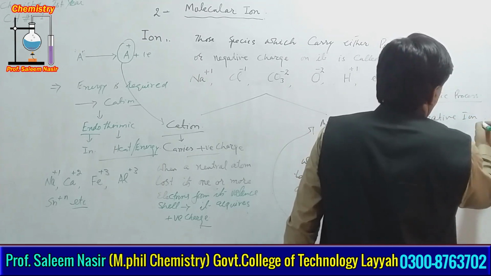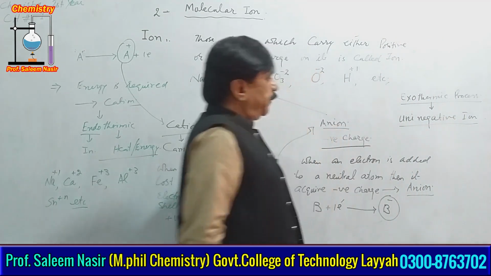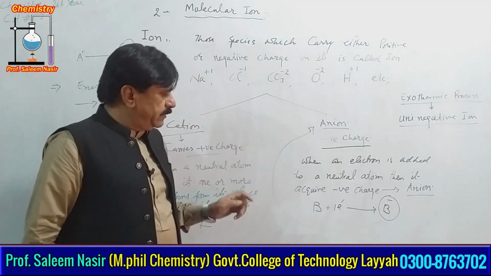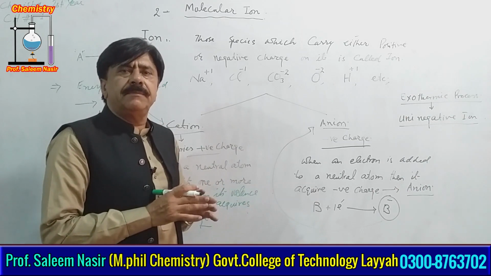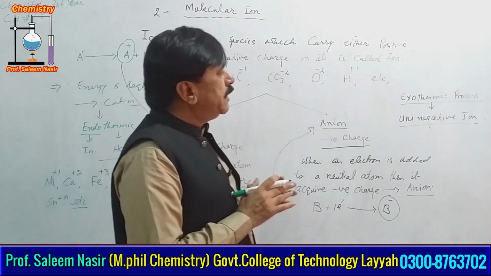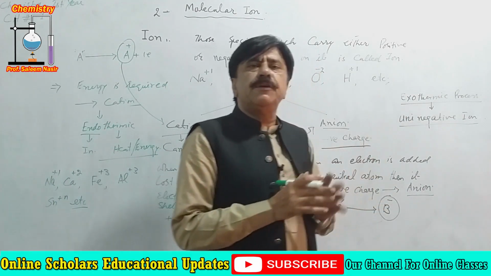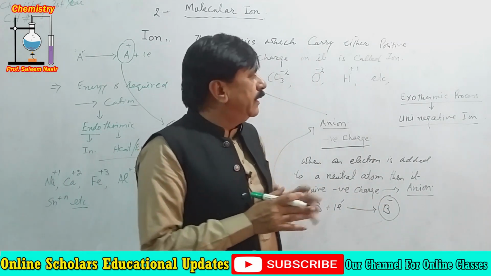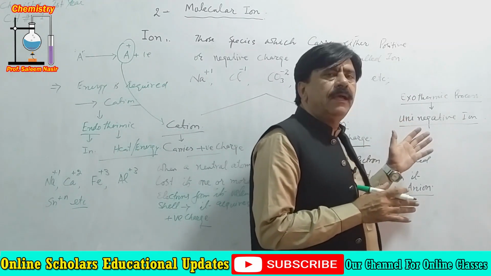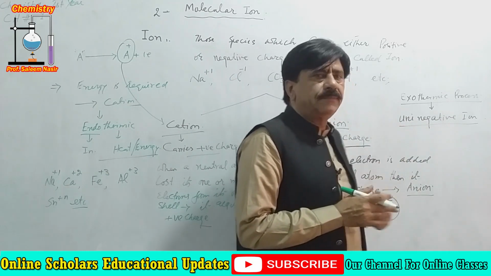It means that when one electron is added to a neutral atom, then energy is released and it gives the uni-negative ion, and that process is called the exothermic process.